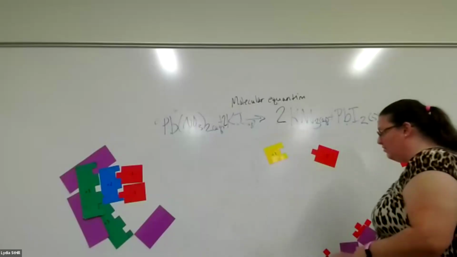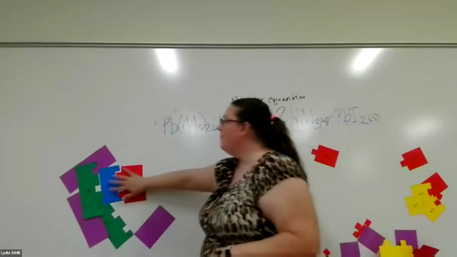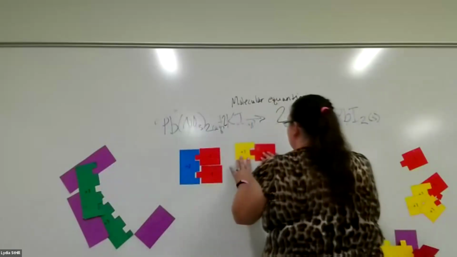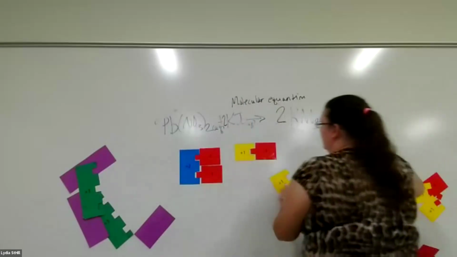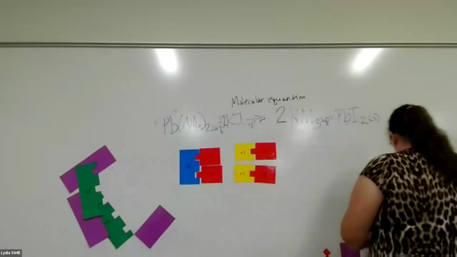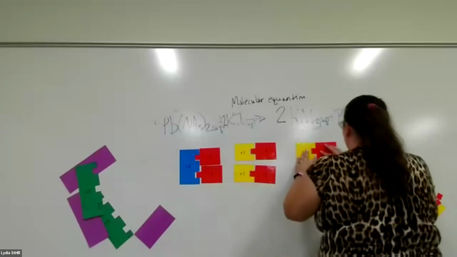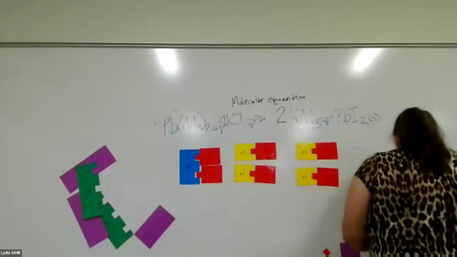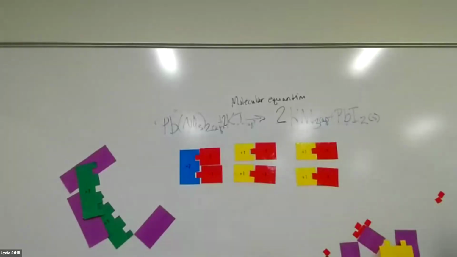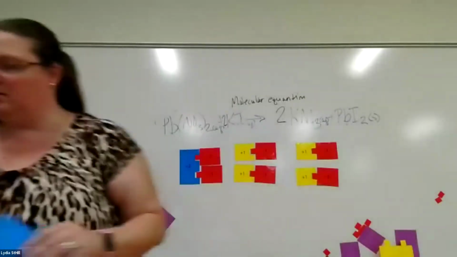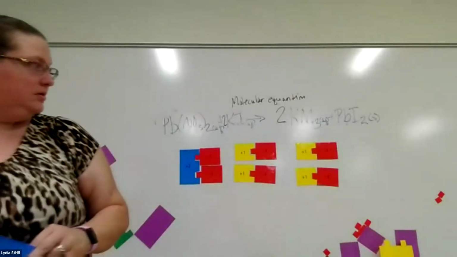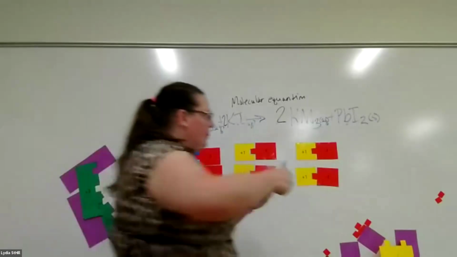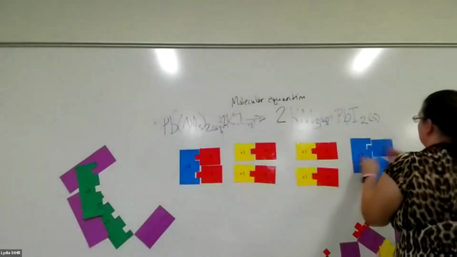In this reaction, we have our lead nitrate and our KIs, and this is going to be balanced, we get our 2 KIs, and then we form our 2 KNO3s, and then we form our PbI2s.